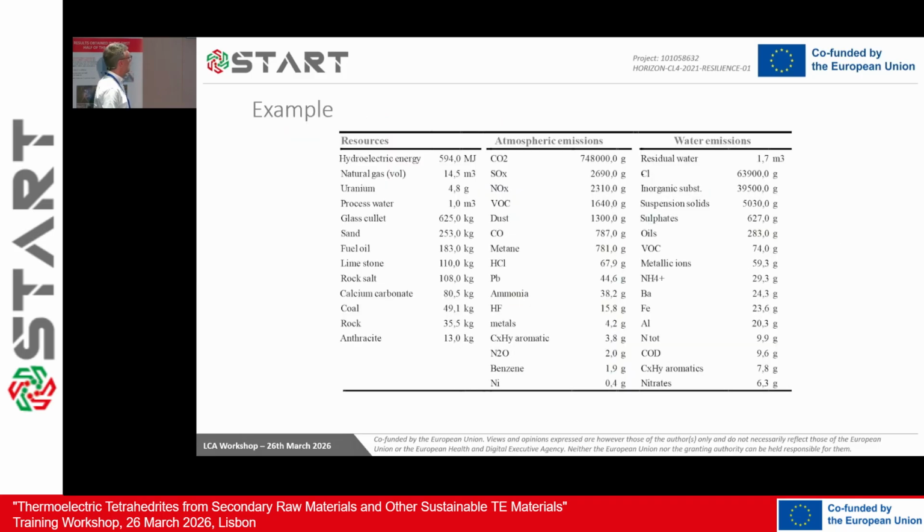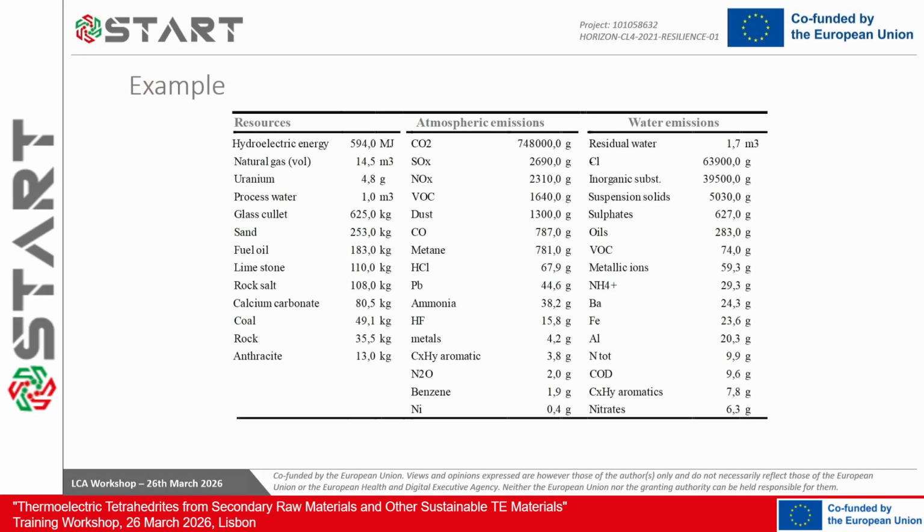So these are some examples of the types of data that we should be and have been collecting. These are not necessarily from the START project, it's just an example because it's very comprehensive, but it's the type of information that we should be having and have to characterize.